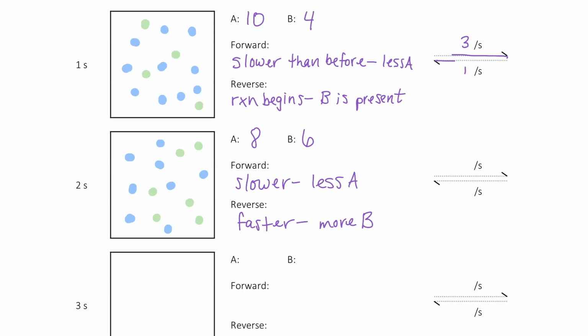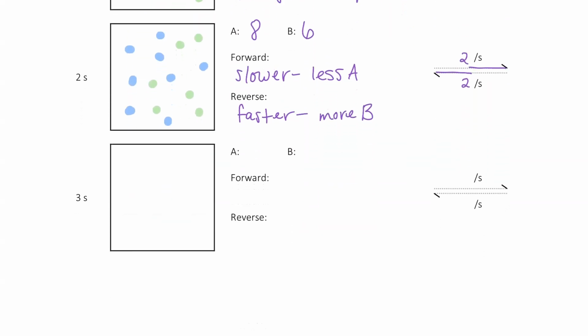Reaction rate for forward is going to go from 3 to 2 particles per second. Great. Make it a little shorter. And then the reverse reaction is going to go from 1 particle per second to 2. Awesome. Okay, great. So now we have 2 particles of A forming B, while 2 particles of B are forming A.